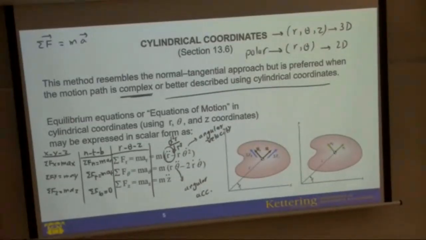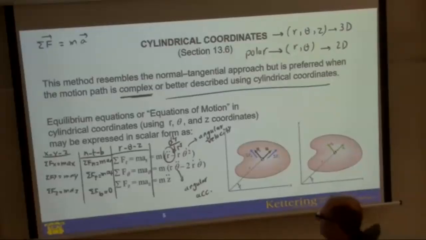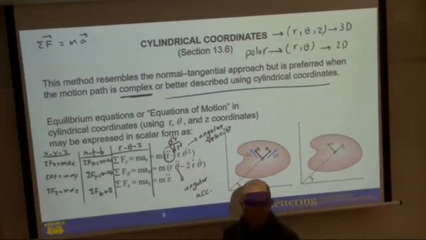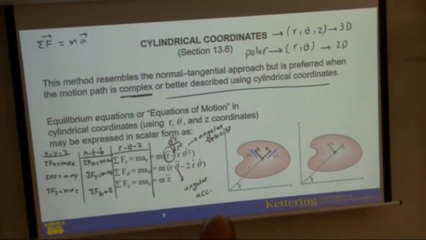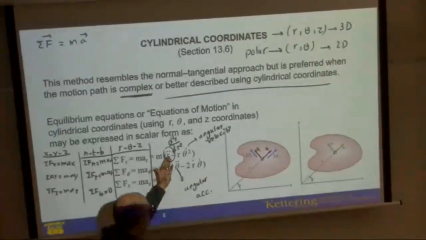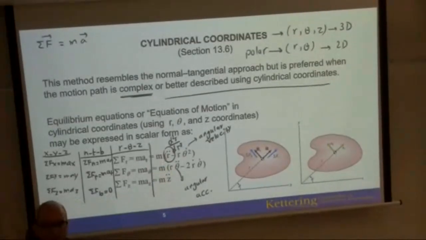Is it angular position? No. This is not position. It's the second derivative of the position. What is the second derivative of the position called? Yes, acceleration. This is called a linear acceleration.